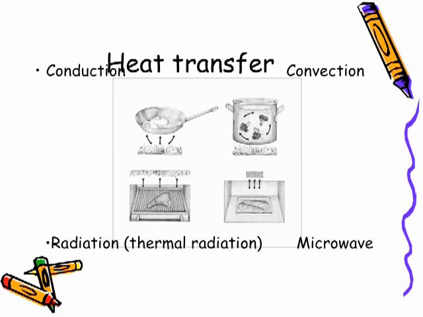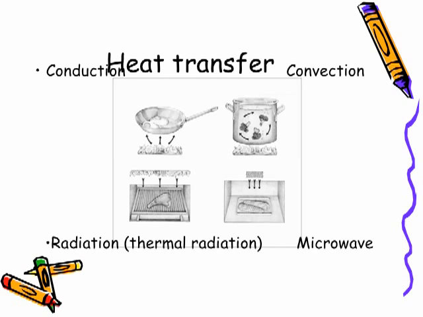Convection is where the movement of the medium surrounds the food. So in the image, it's the movement of water in a pot that's cooking broccoli. It could also be the movement of air in a convection oven like we have in lab, where the fan is circulating the air and the air is surrounding the food.